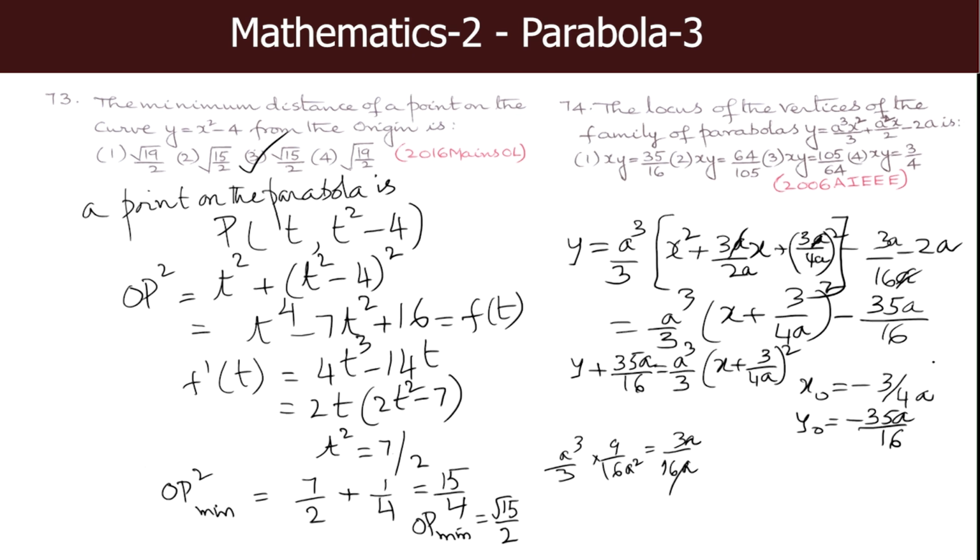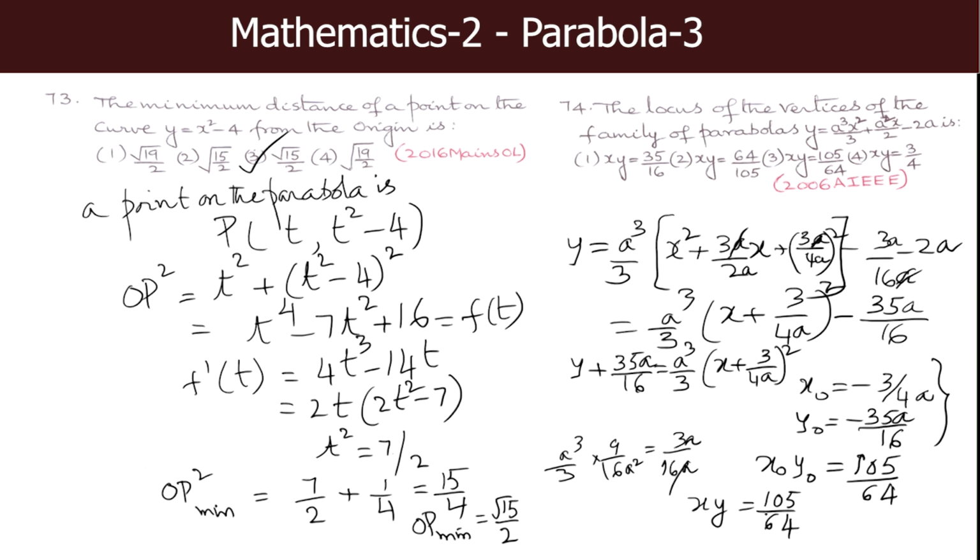How to eliminate a from these two? Because a is a variable here. The locus of the point x0, y0, which is the vertex of a typical parabola, is obtained by eliminating the parameter a. So multiplying, you get x0 y0 equal to 3 into 35, 105 by 64. So the locus of x0, y0 is xy equal to 105 by 64, which is the rectangular hyperbola.